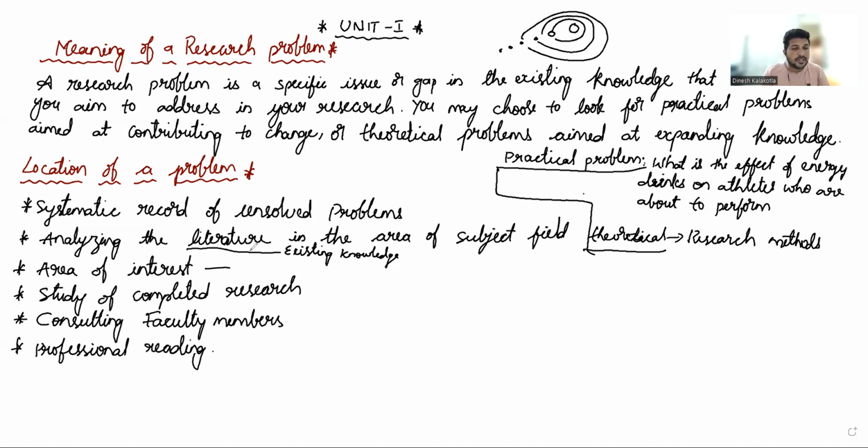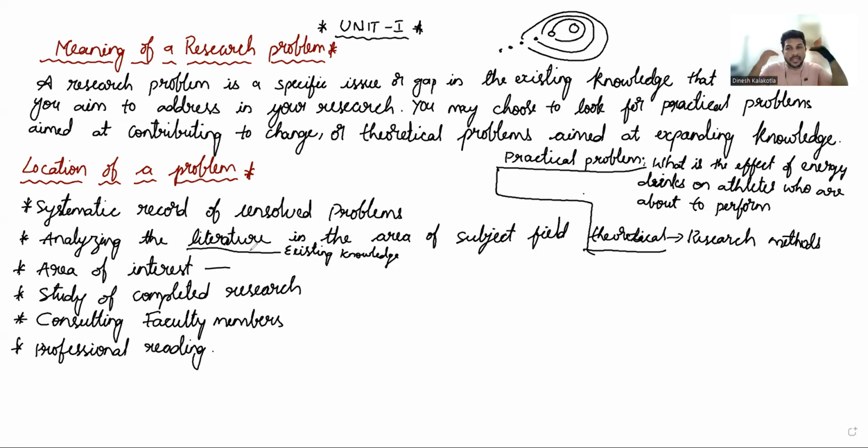Next, professional reading. You can call it thorough reading, or reading the subject. Professionally, you need to read thoroughly a lot on that particular topic, stream, area, or subject. It is very much important.